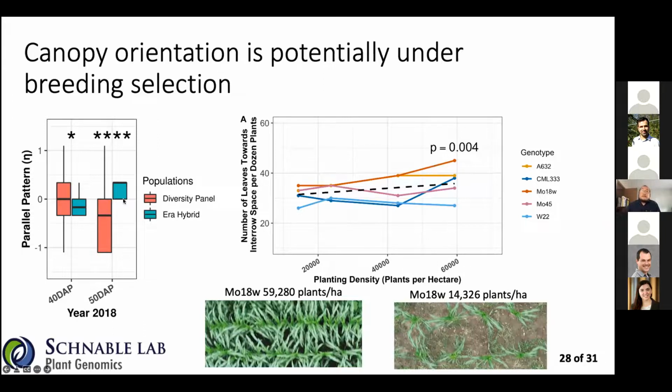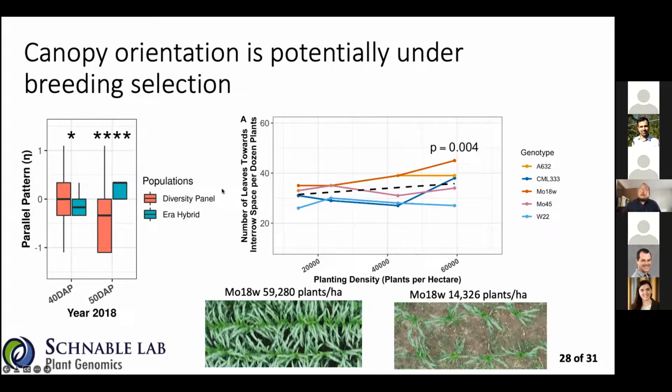Meanwhile, at 50 days after planting, the parallel pattern started to increase. So there are more leaves, and the era hybrid started to exhibit the parallel pattern. That is exactly the time point when we see the parallel and perpendicular canopy orientation in commercial hybrids.